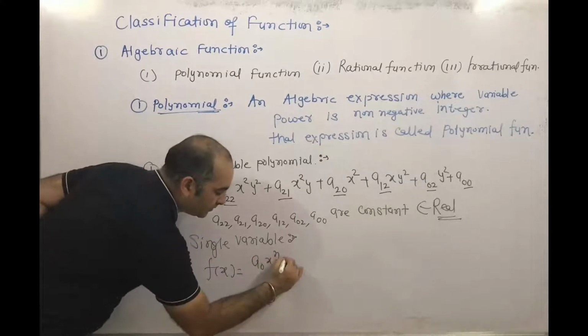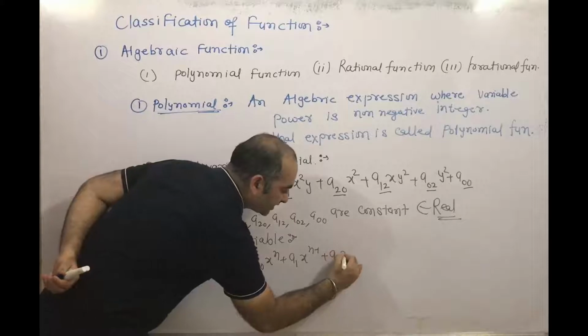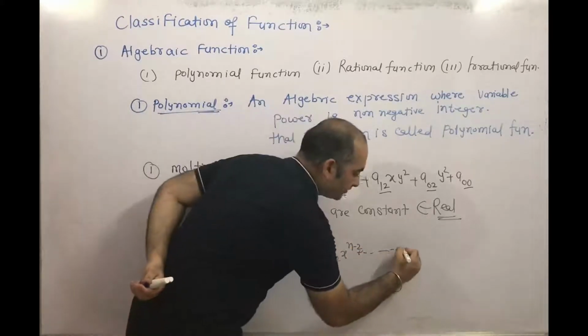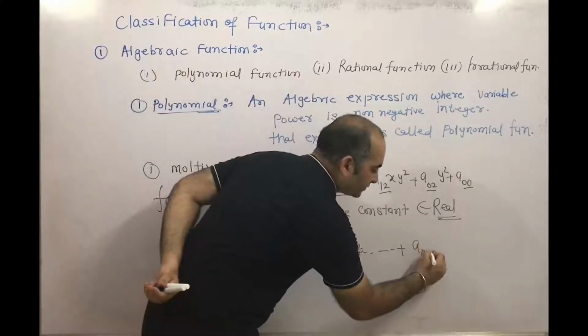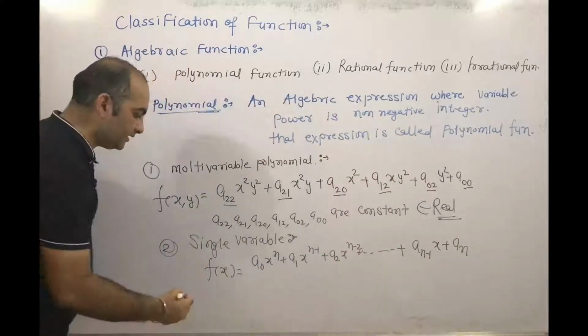a0 x power n plus a1 x power n minus 1 plus a2 x power n minus 2 plus dot dot dot plus a n minus 1 x plus an. Okay, where x is what?